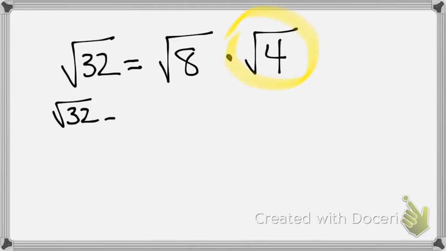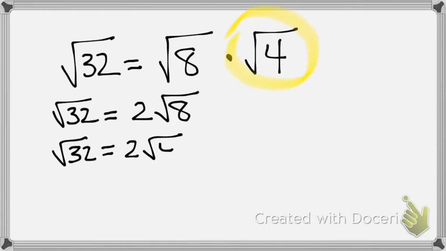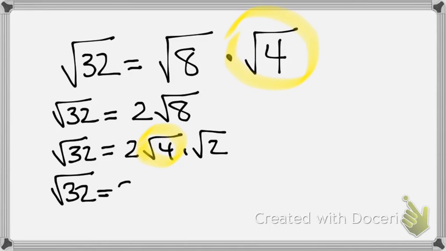Okay, so the square root of 32 equals 2 times the square root of 8. Right? But the square root of 8 equals square root of 4 times square root of 2, doesn't it? What is the square root of 4? 2. So really the square root of 32 equals 2 times root 2. What's 2 times 2?